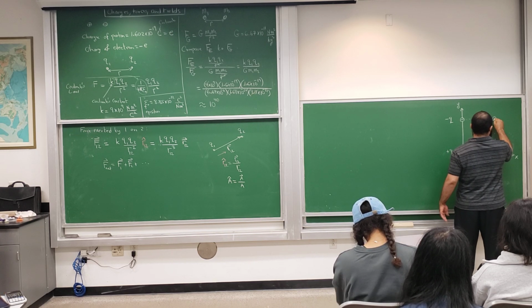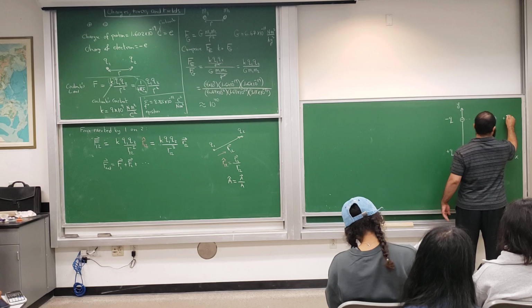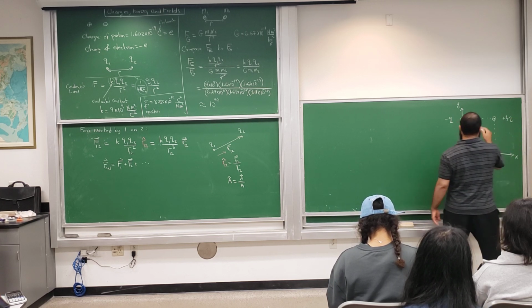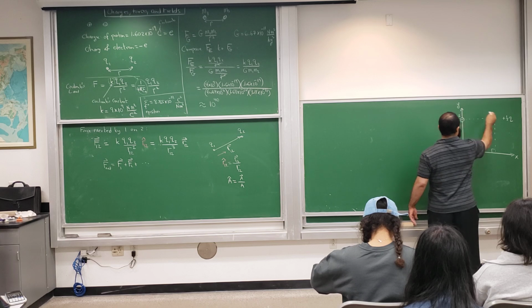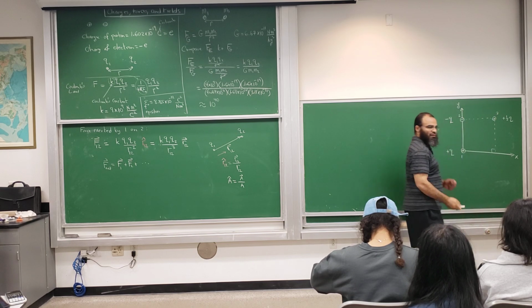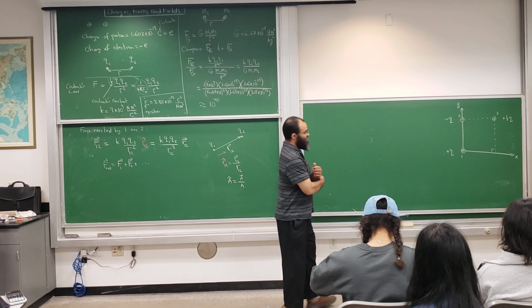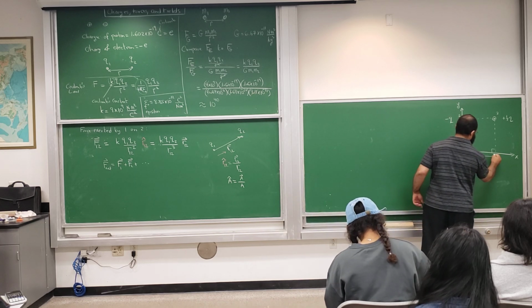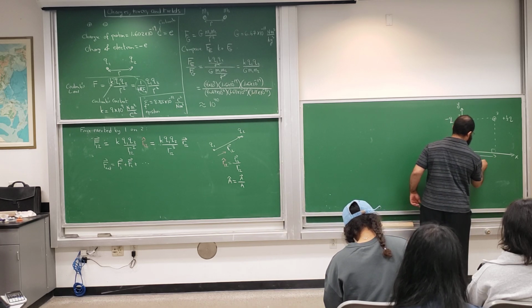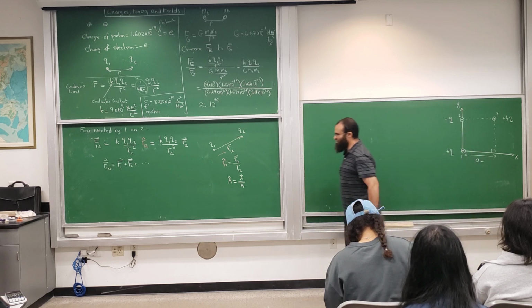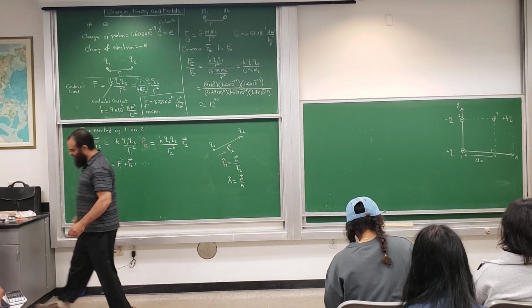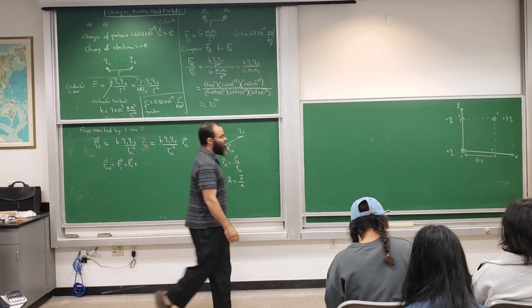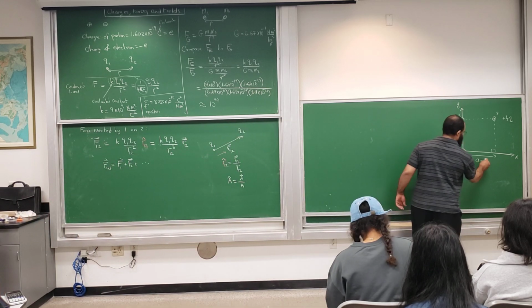And then here is a third charge. So let's name them 1, 2, 3. And the distance this way is A. Let's say A is 2 centimeters or so, 0.02 meters.